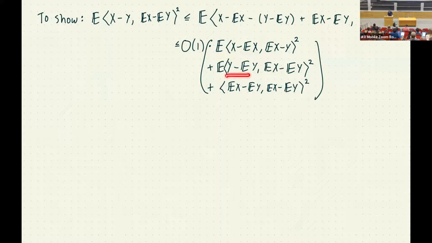Same goes for Y. Again, there's symmetry between X and Y. So that means that this guy is at most order 1 times the squared norm of expectation X minus expectation Y squared.